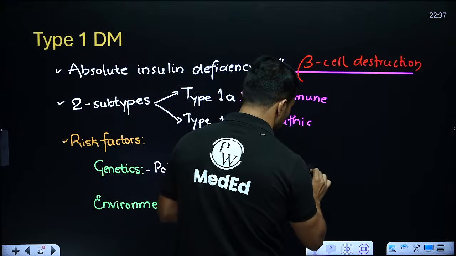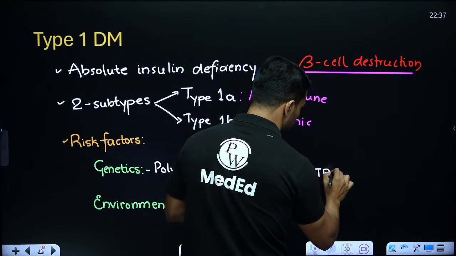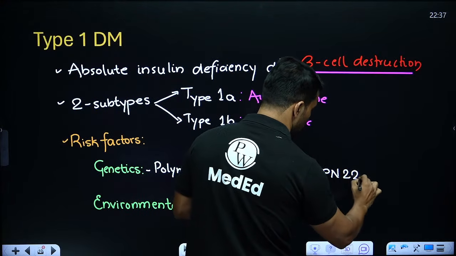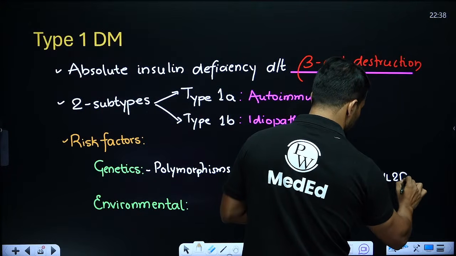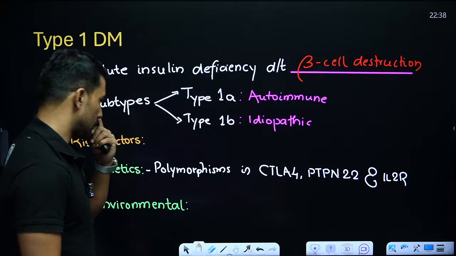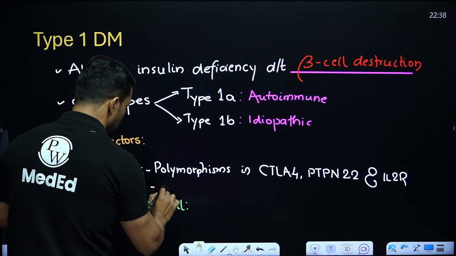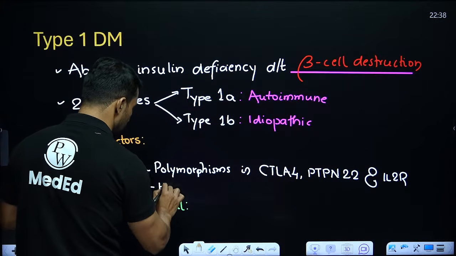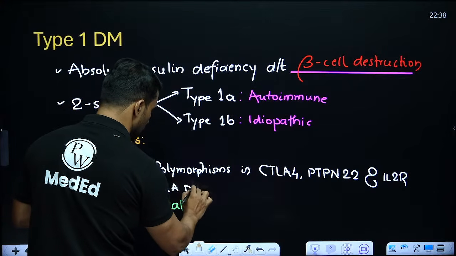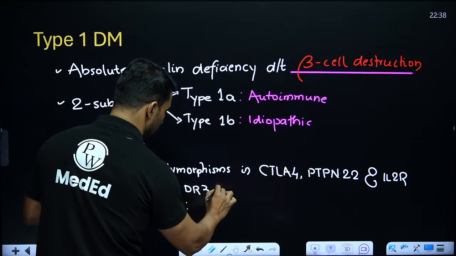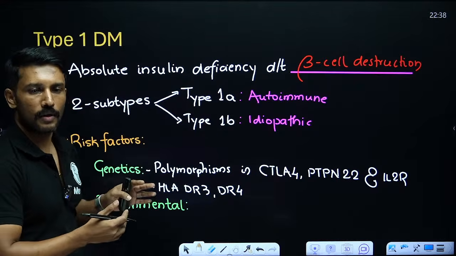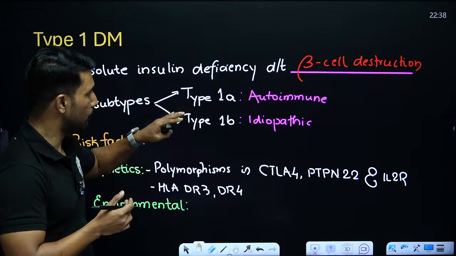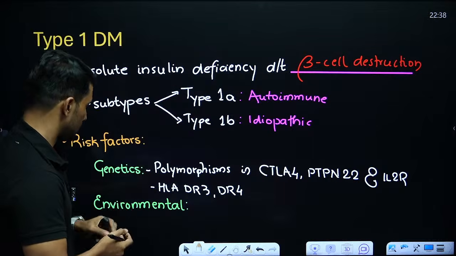CTLA4, then PTPN22, and then interleukin 2 receptor. Apart from that, certain HLA haplotypes, mainly HLA DR3 and DR4. So if you're carrying DR3 and/or DR4, you have a higher risk of developing type 1 diabetes mellitus.